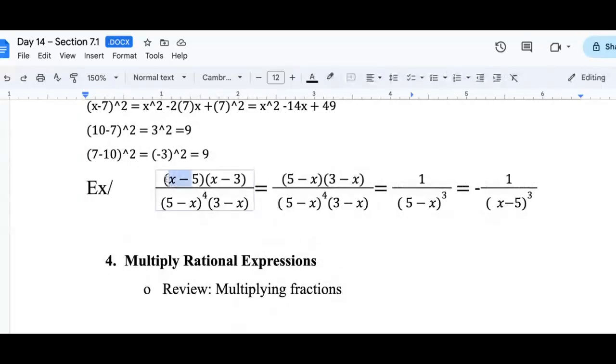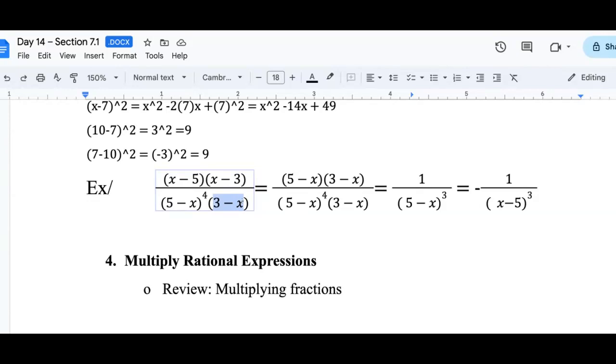Let's see this one. So this one we have x minus 5, x minus 3 in the numerator. We have 5 minus x to the fourth power, 3 minus x to the first power in the denominator. Because this is 5 minus x raised to the 4th, we can switch 5 and negative x, so 5 minus x to the 4th is the same as x minus 5 to the 4th.